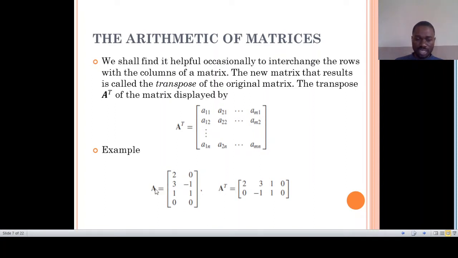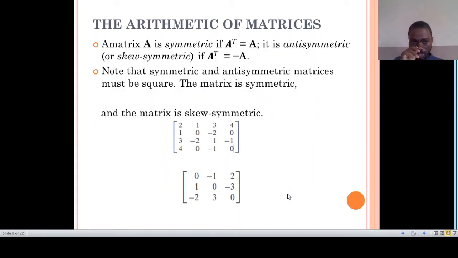If you want to write this matrix A as a transpose, you convert each row into a column. The first row, which is 2, 0, is going to be 2, 0 here. The second row, which is 3, minus 1, is going to be 3, minus 1 here. The third row, which is 1, 1, is going to be 1, 1 here in a column. And the fourth row, which is 0, 0, is going to be 0, 0 like this in a column. So that is the transpose of a matrix. Don't forget.